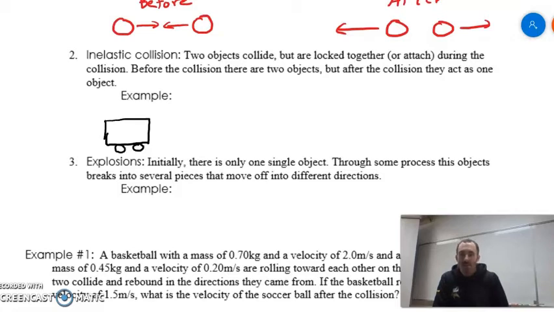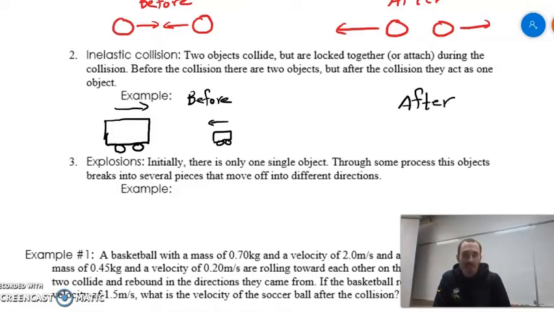Perfect, this is my dream truck. It's traveling this way. You also have a tiny car, and it's traveling this way. So this is before collision. They both have some sort of momentum. Probably the big one has more momentum than the little one.